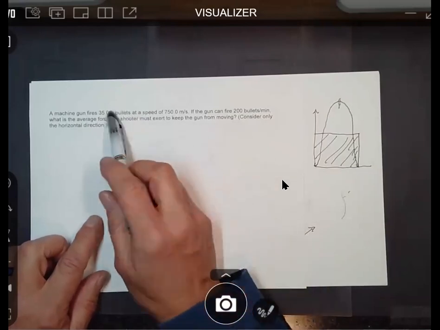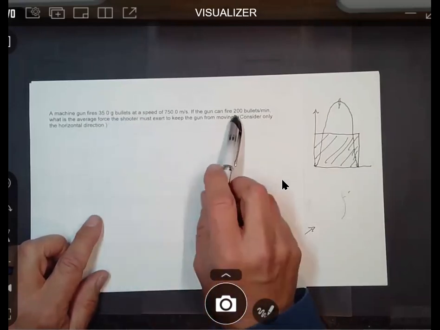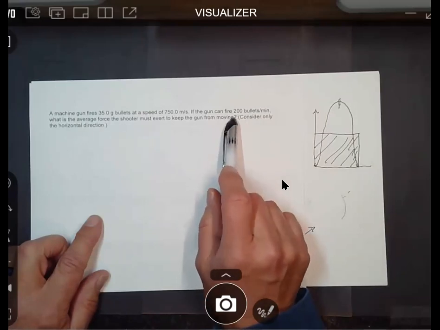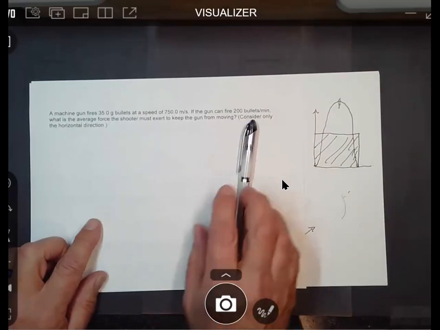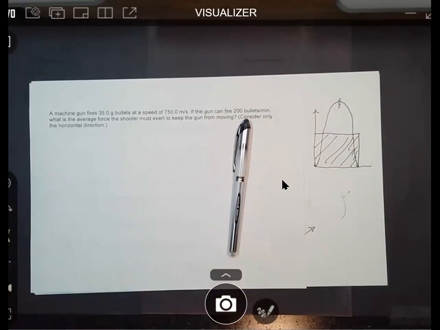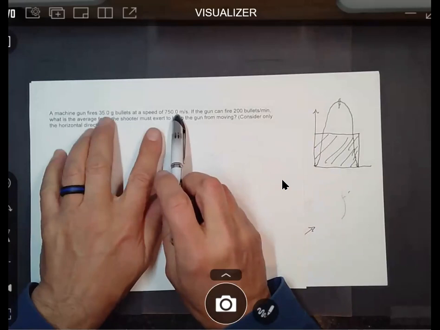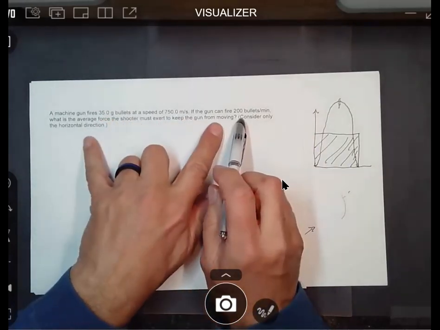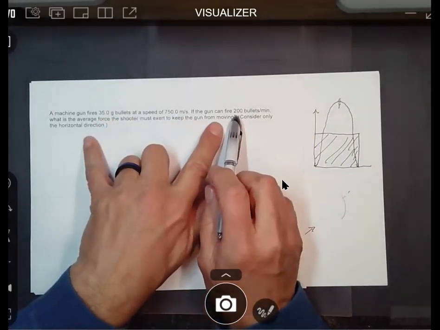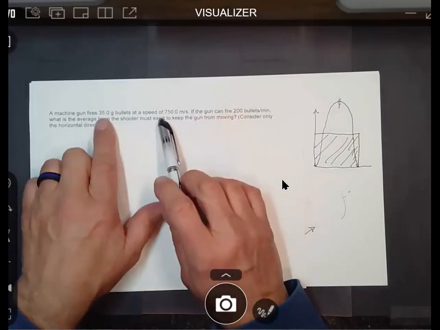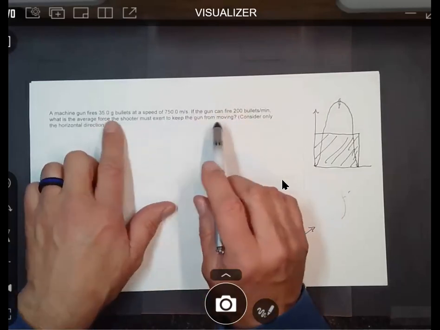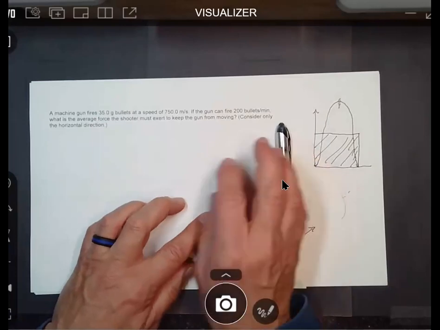Well, those 35-gram bullets, 200 of them, are going to be leaving this gun, but that's spread over an entire minute. So we can figure out the combined momentum of these 200 bullets. We can figure out the momentum per bullet and multiply that by 200.